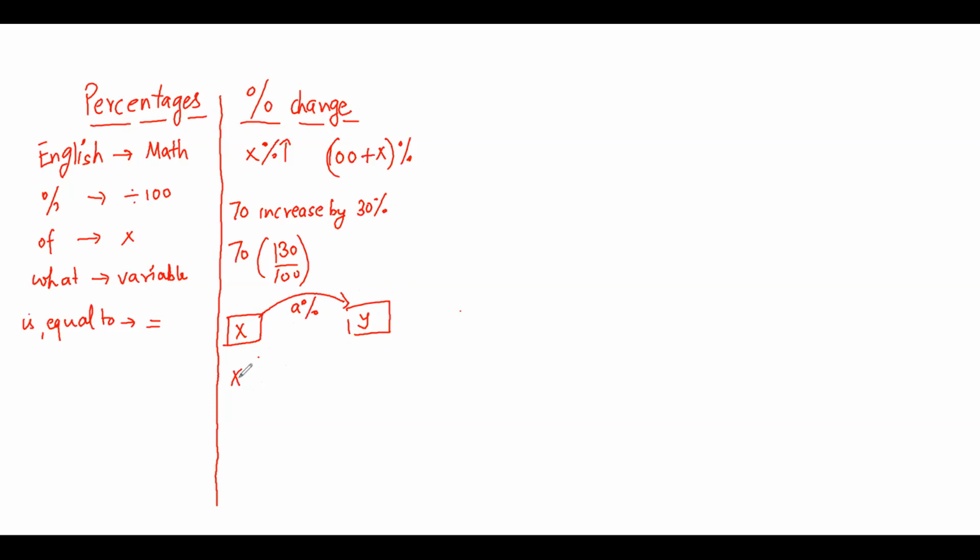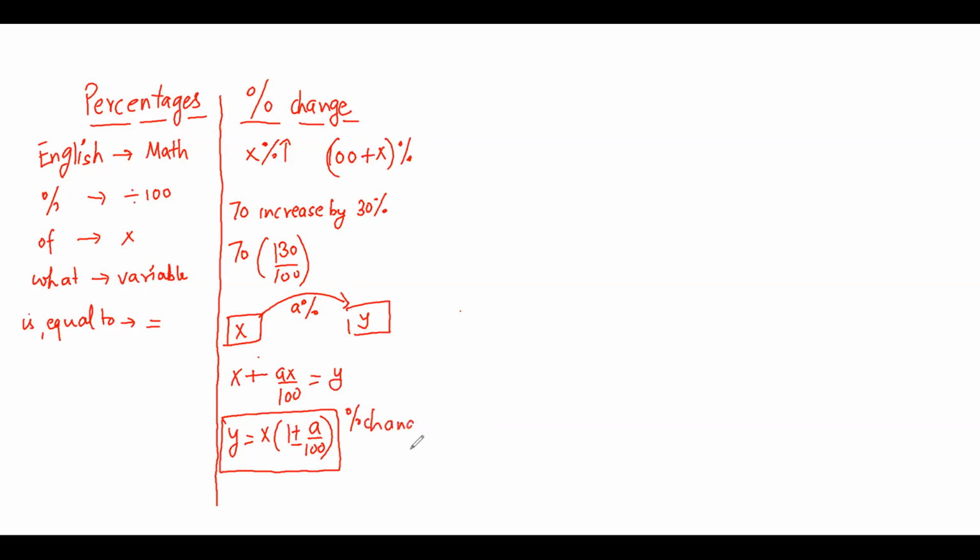So you are keeping X, and then also adding A percent of X. That is what is giving you Y. So Y is equal to X into (1 plus A over 100). Right? This is my expression of percentage increase, or for percentage decrease, you'll have a negative here. This is my expression of percentage change.